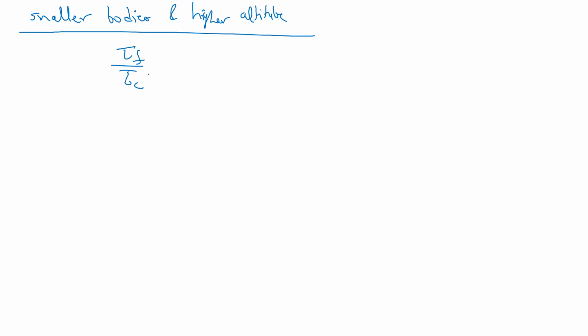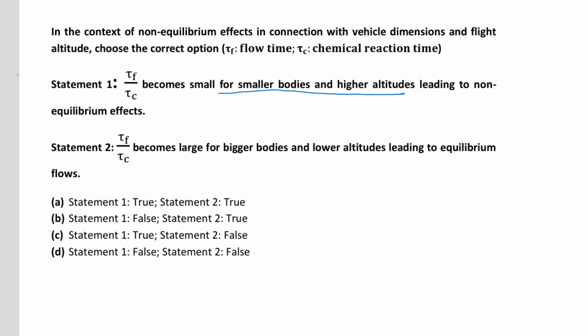So as tau c is high and tau f is low, this value will be small for smaller bodies and high altitude. So the statement that tau f upon tau c becomes small for smaller bodies and high altitude, leading to non-equilibrium effect.